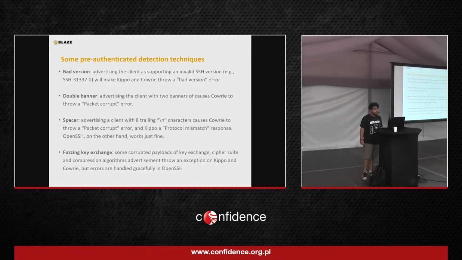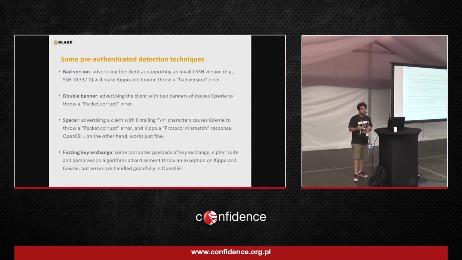And also fuzzy key exchange. In this initial key exchange, with the advertisement of the cipher suites and the compression algorithms, if you take the key exchange fuzzer that comes with Metasploit and throw it against OpenSSH, it will not break. Whereas if you throw it against Cowrie and Kippo, which, by the way, under the hood use Python Twisted Matrix for their SSH servers, it throws thousands of different exceptions.